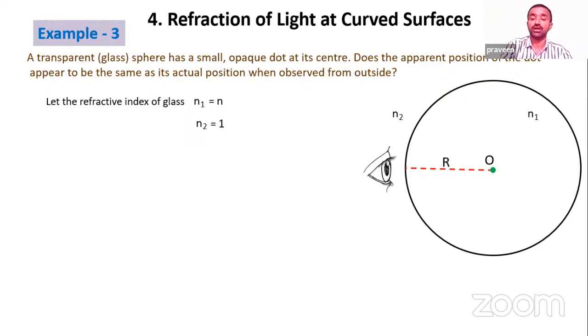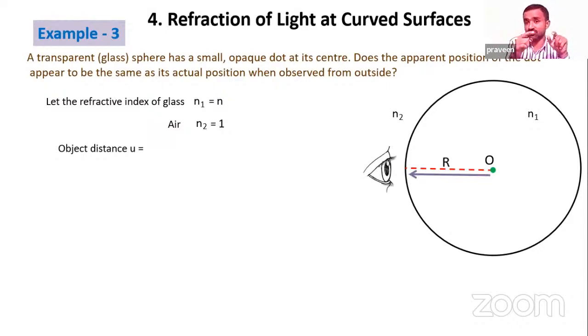Let us know the values of object distance and radius of curvature. The object distance is unknown. It is located at the center, so the object distance u is equal to the radius of curvature, minus r.